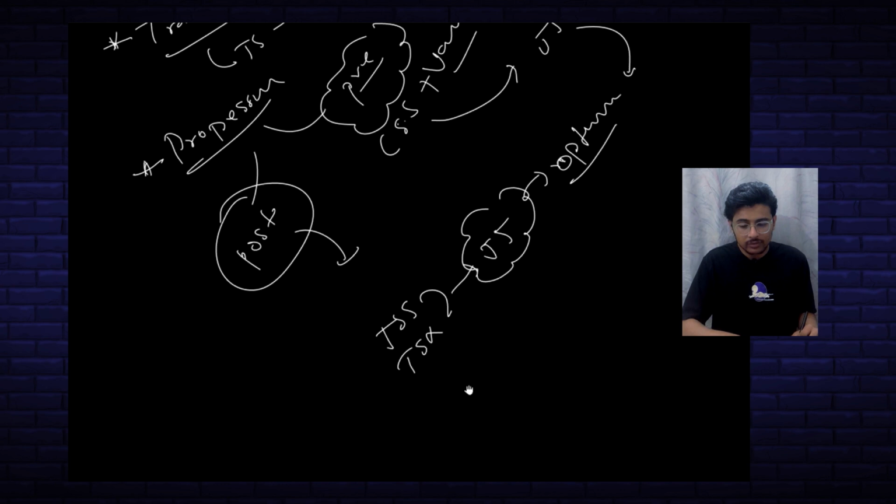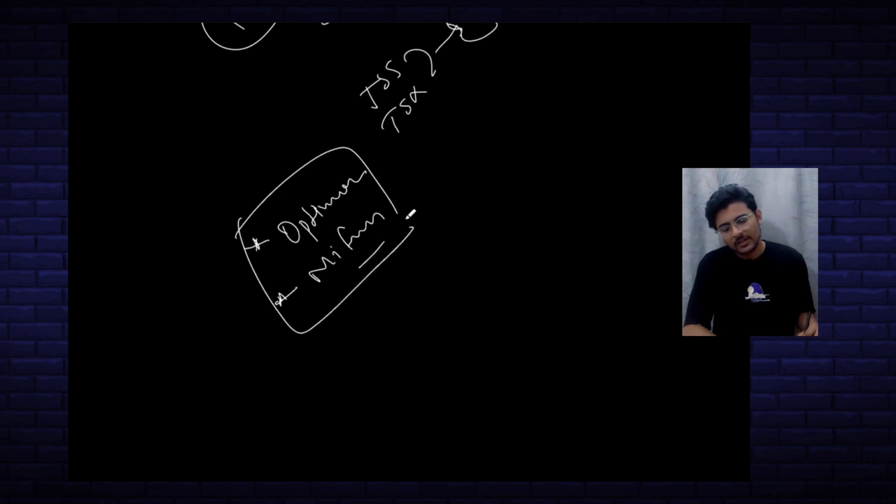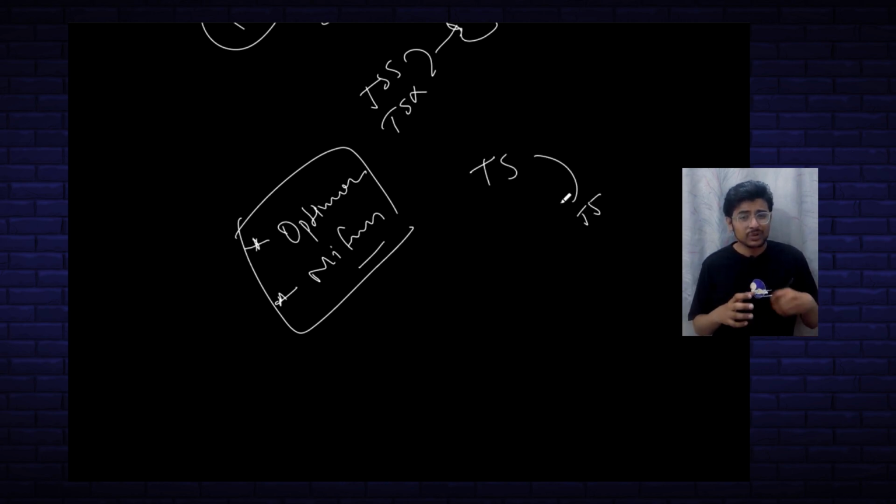And we also have things like optimizer and minifier. So what do they do? If I convert one language, for example TypeScript to JavaScript, it is going to produce a lot of code which we do not need.